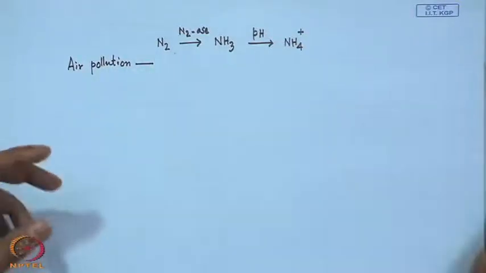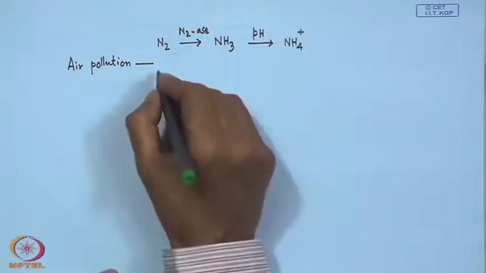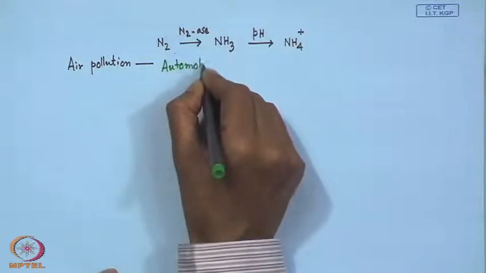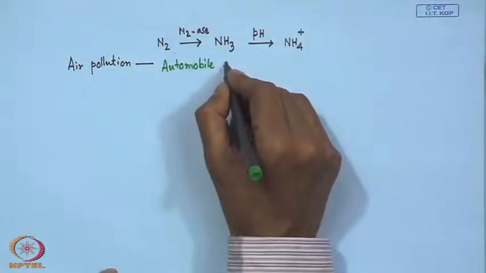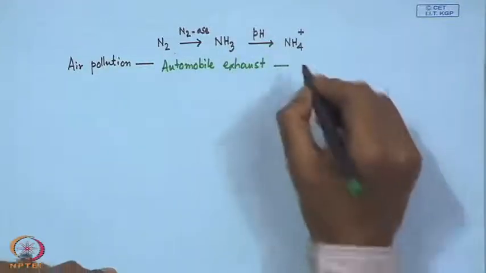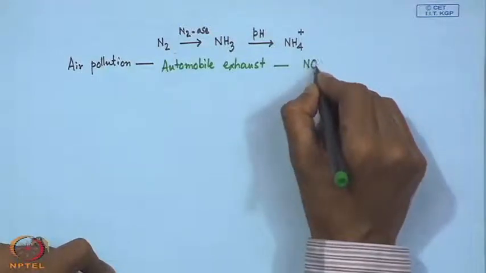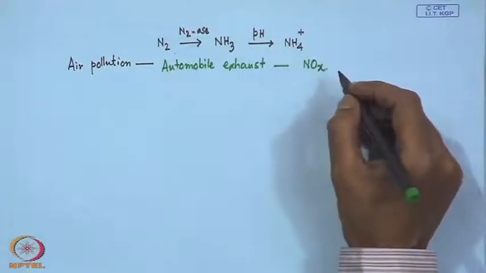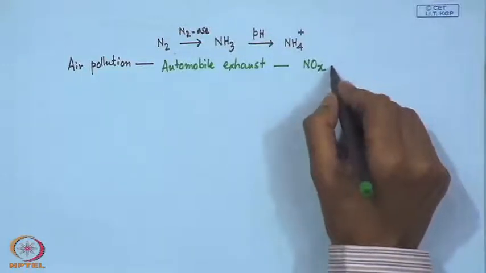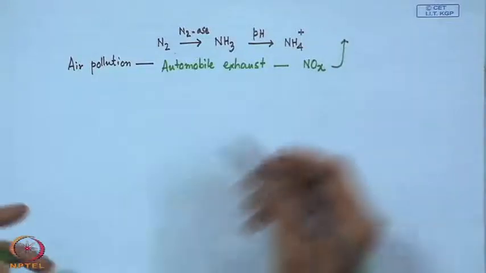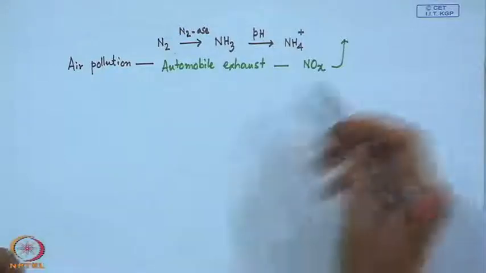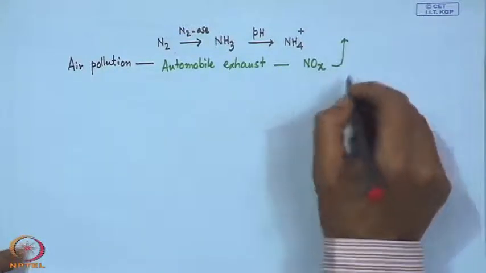from the automobile exhaust. So, if we have the automobile exhaust, we produce a huge amount of NOx molecules. These NOx molecules go up to mix with the atmosphere above us, and along with nitrogen, oxygen, carbon dioxide and monoxide, these NOx molecules are mixing.